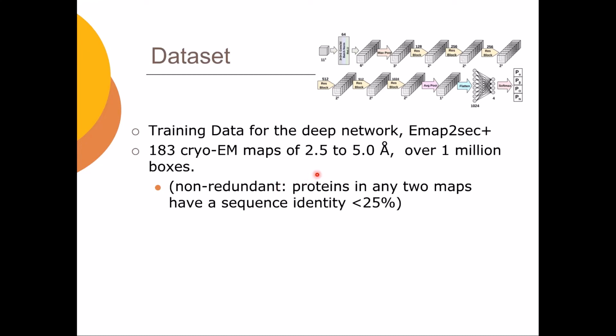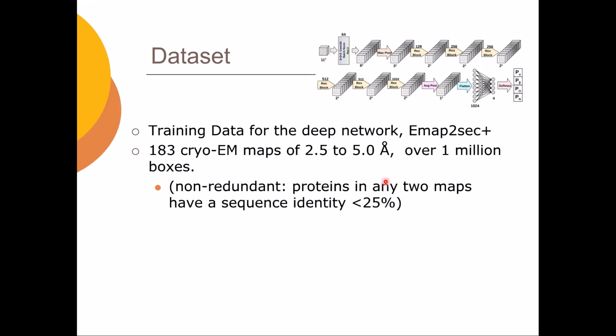By non-redundant, I mean that the two maps we used have no similar proteins, not even one protein pair between any two maps. If two maps have at least one protein sequence with 25% sequence identity or higher, then we removed one map from the data set.